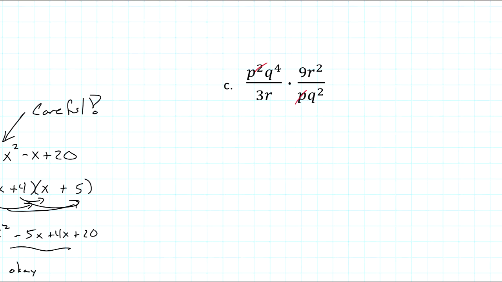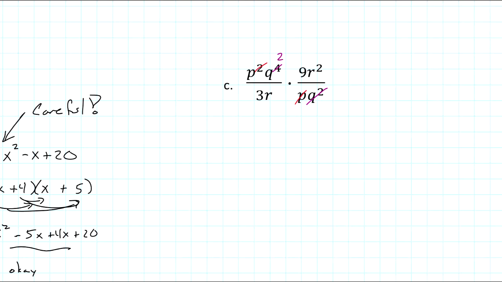The q's now, I have 4 q's on top. That's q times q times q times q. And on the bottom, we have q times q. So I can cancel 2 on the top and the bottom. So that's going to be leaving me with q squared on top, just 2 of them left over.